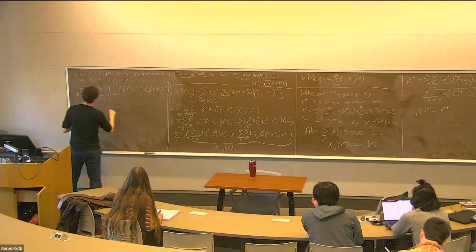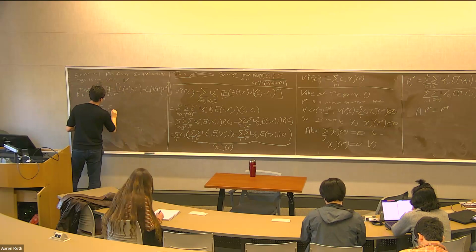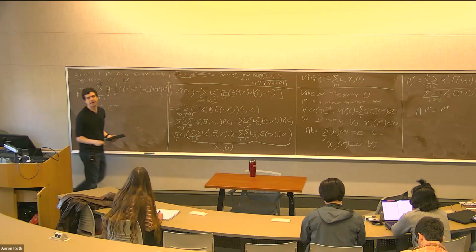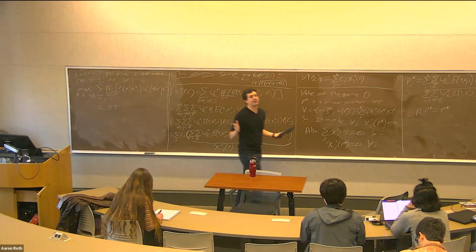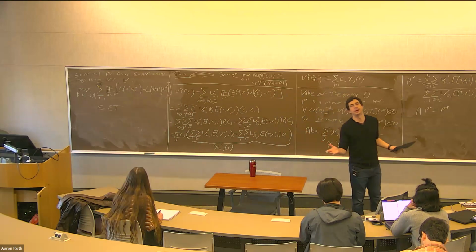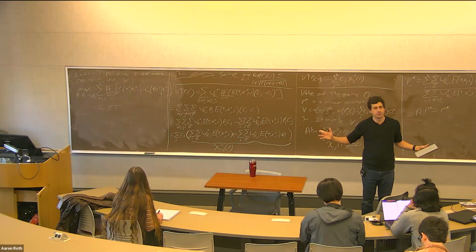Okay, this is swap regret. If this whole thing was bounded by epsilon t for every player, then the empirical play over these action profiles was an epsilon approximate correlated equilibrium.